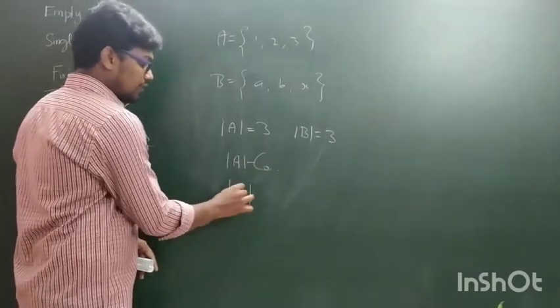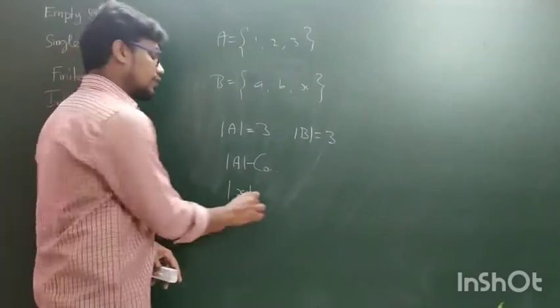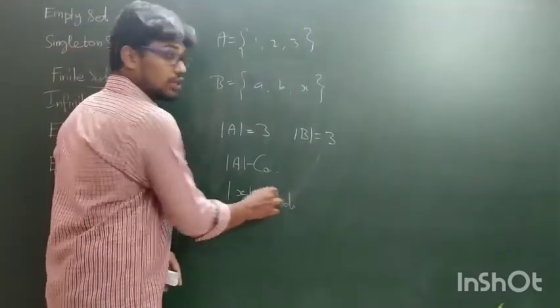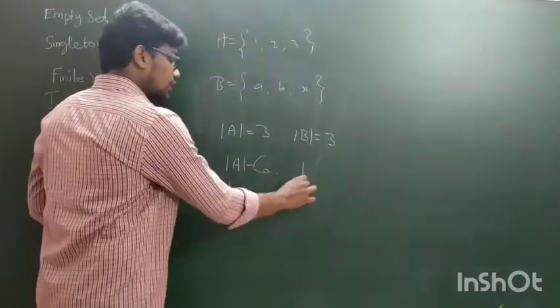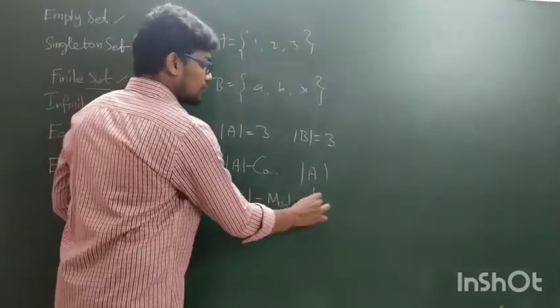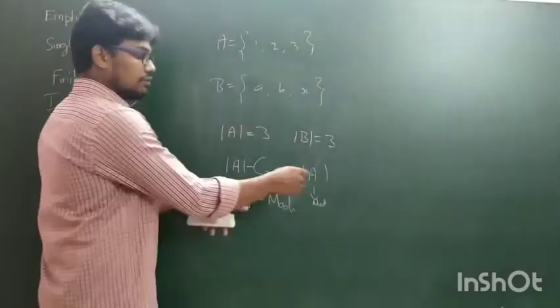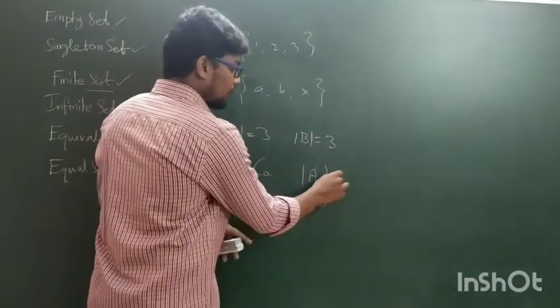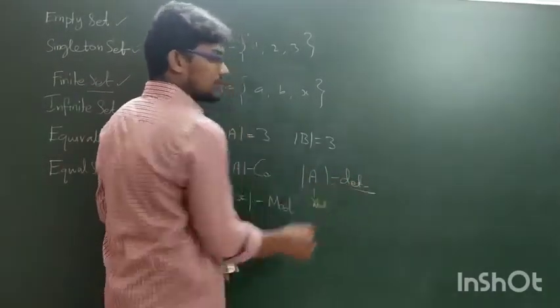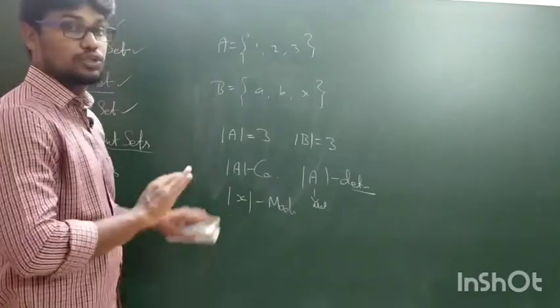Inside the symbol, if you write some real number, then we have to read it as modulus. If you write a matrix inside, then this notation is meant for a determinant. Don't get confused with these notations.